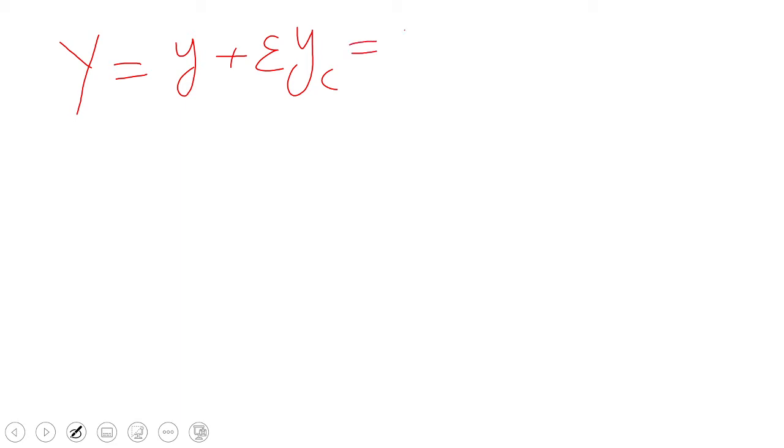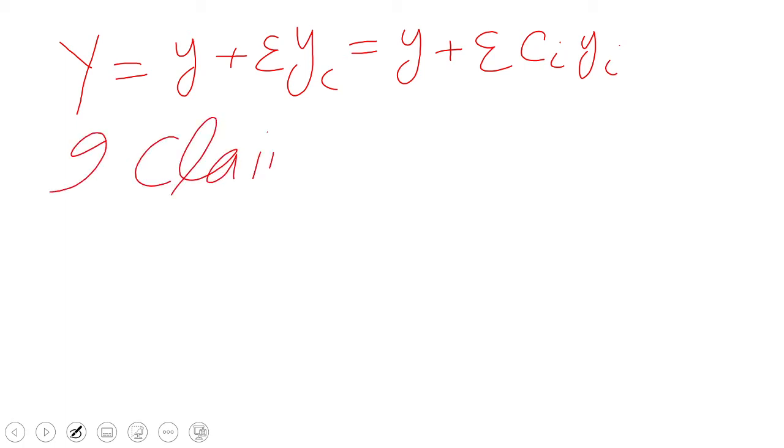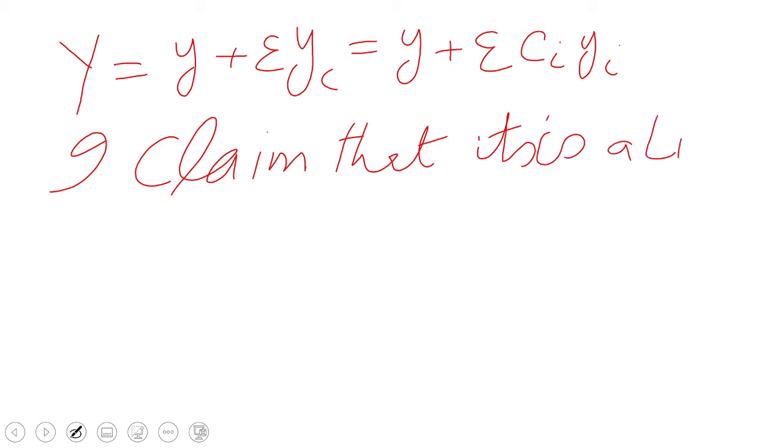It can be written as y plus epsilon times the sum of ci yi, and I claim that it is a Lie symmetry transformation.